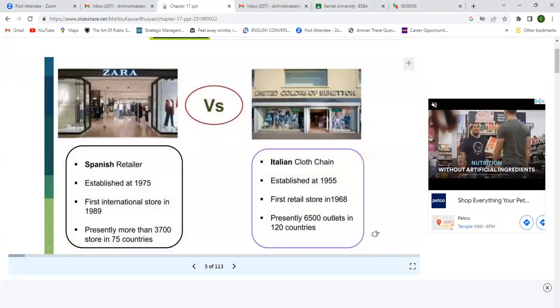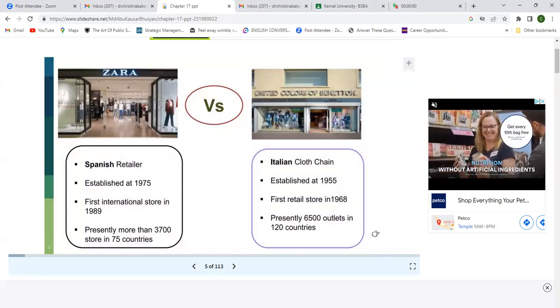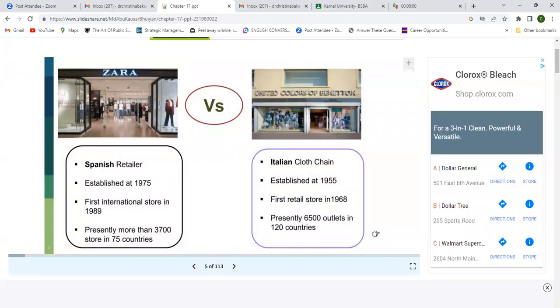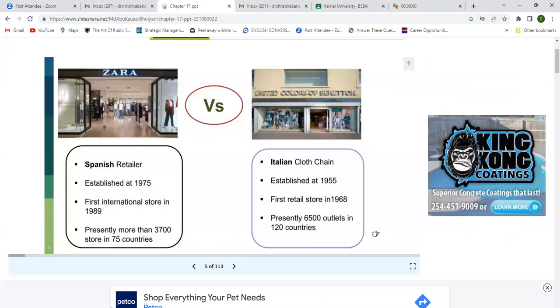Okay. We have a Spanish retailer, established in 1975, first national store in 1989, presently more than 3,700 stores in 75 countries, compared to another company, an Italian clothing chain, established in 1955, first retail store in 1968, and presently 6,500 outlets in 120 countries.